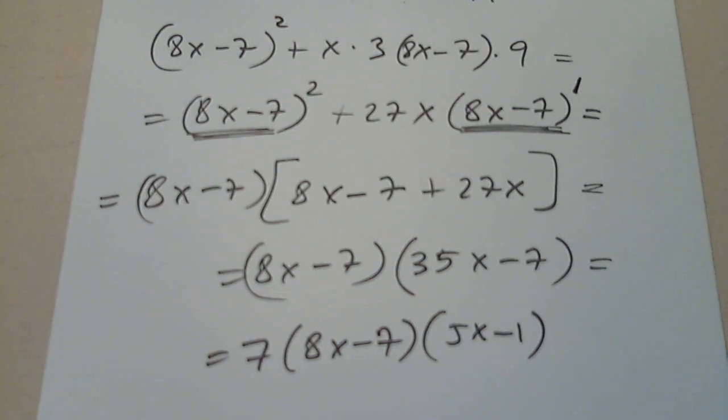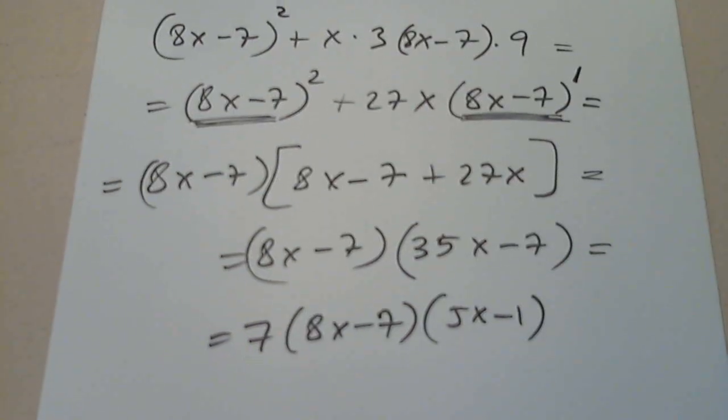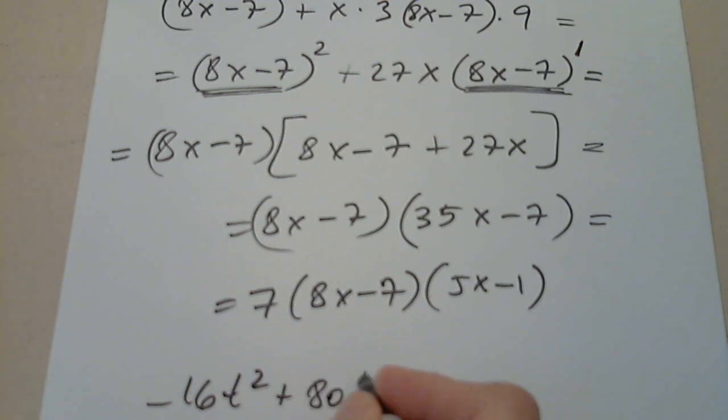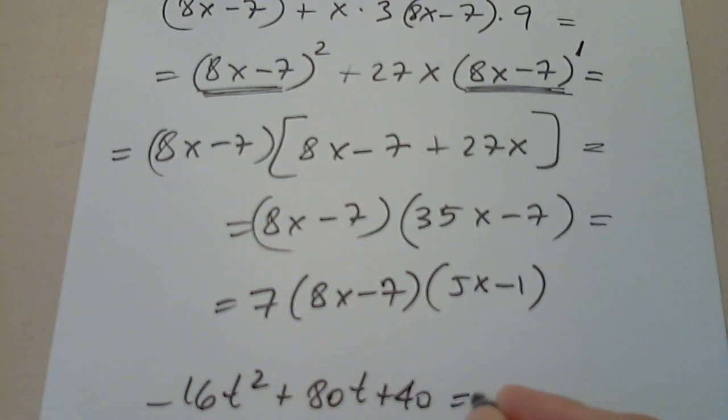Okay, so we are asked to solve this equation. I just want to show you: −16t² + 80t + 40 = 104.